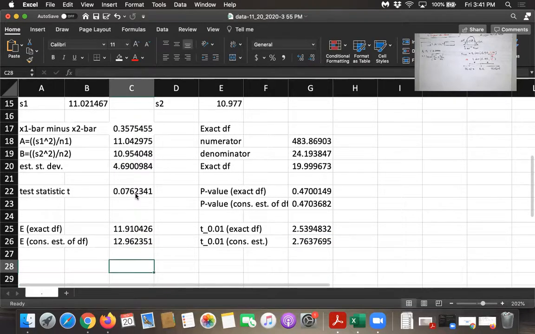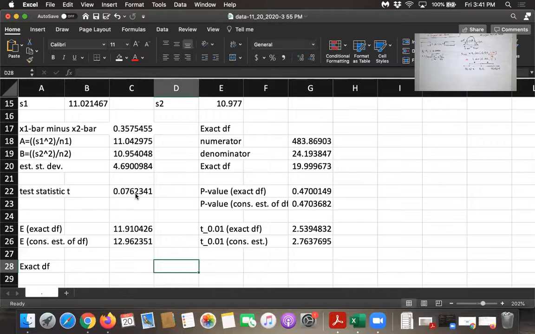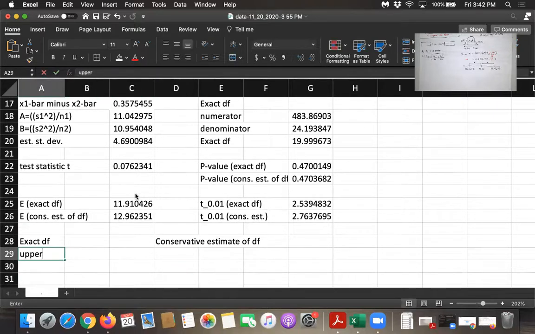Okay, and then for each of these, we can compute upper and lower limits for our confidence intervals. So I will do that twice, here one with the exact degrees of freedom, and then the other one with the conservative estimate of the number of degrees of freedom. And I'm just typing upper and lower limit for me to remind myself what I'm asking it to compute.